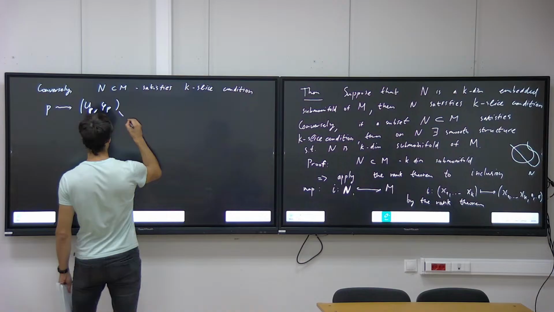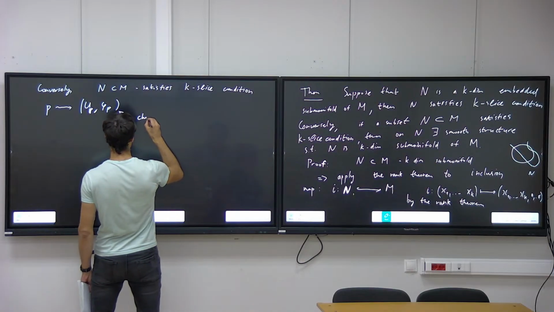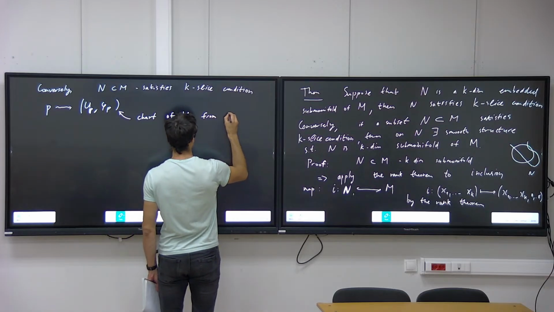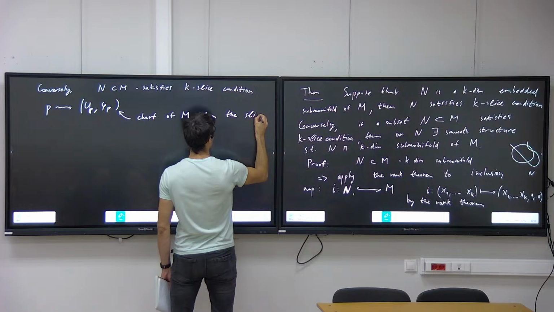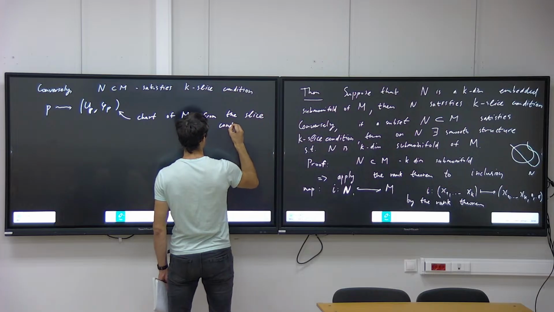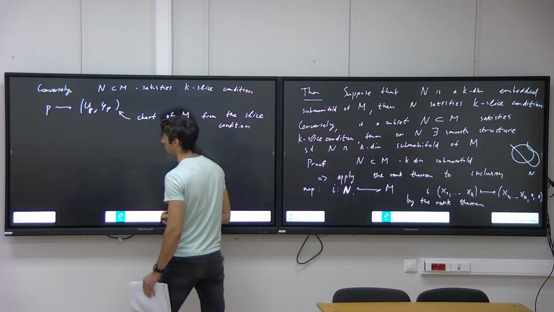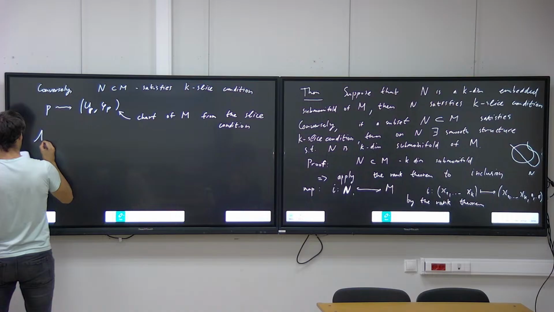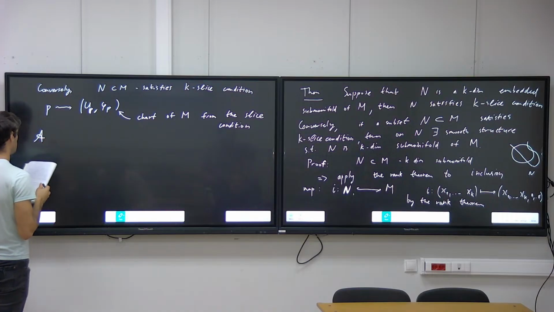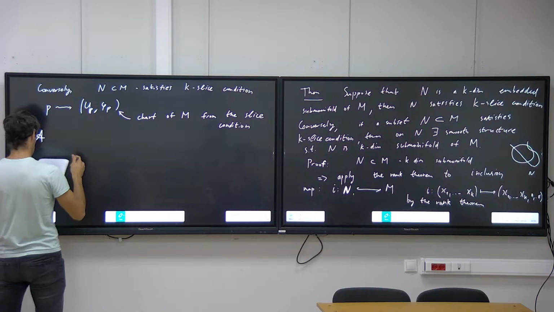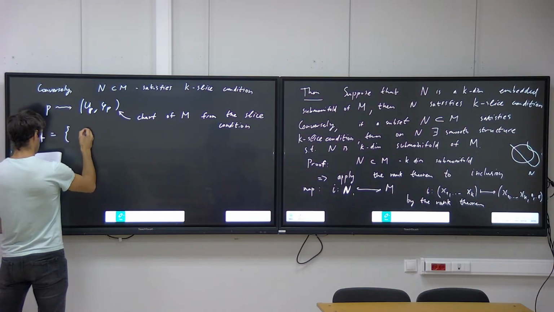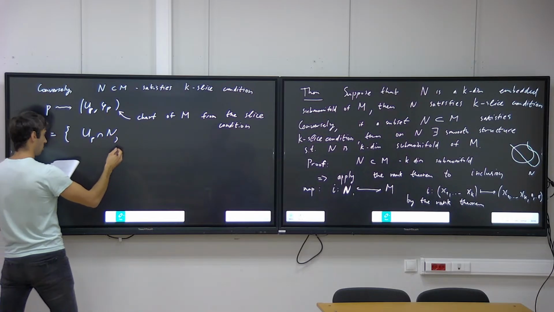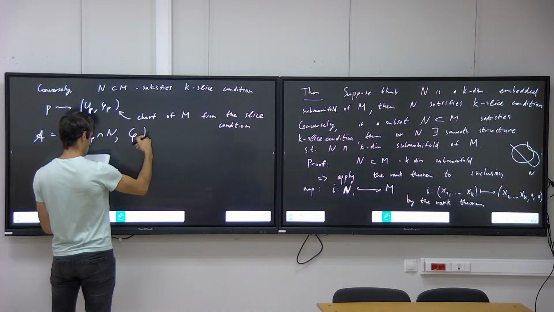This is a chart from the slice condition of M. Then I just define the smooth atlas on N. I take the cover U_p intersect N, and φ_p restricted to this intersection.